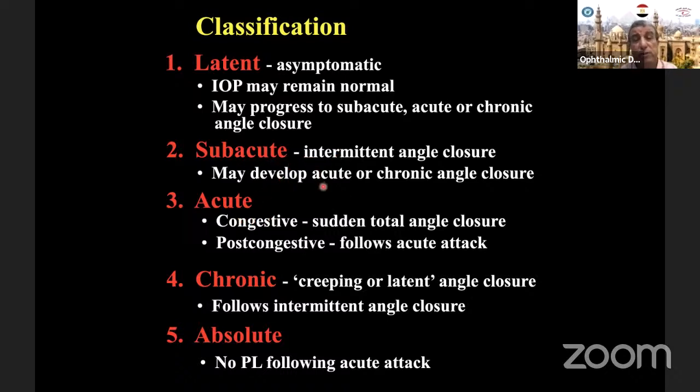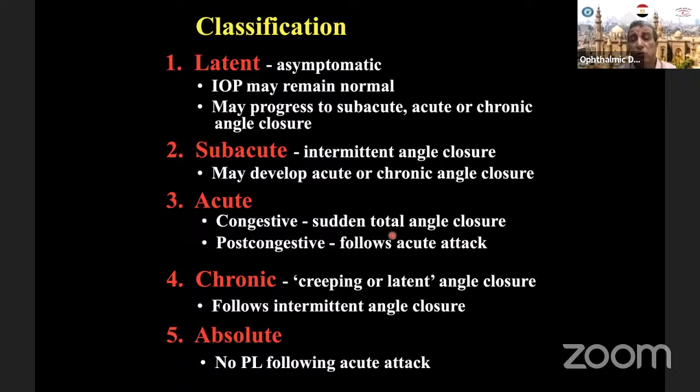But this subacute stage could develop into acute angle closure and give an acute attack, which will not break unless the doctor interferes either medically or surgically, or it might creep a little bit to chronic angle closure. Acute primary angle closure glaucoma is a congestive type of glaucoma.